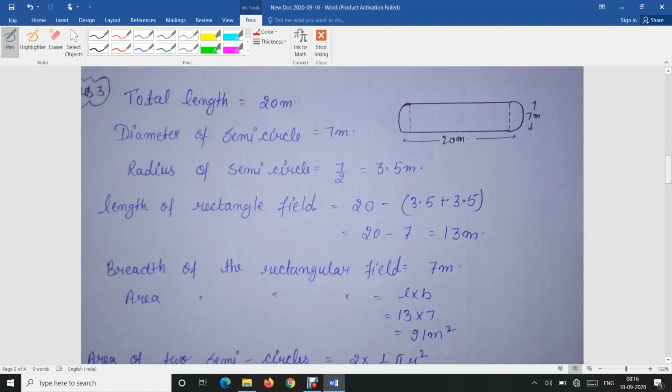Here we are given the total length is 20 meter and at the same time we are given the diameter of the semicircle. See, these two are the semicircles. In this figure the semicircle is given and this is the diameter of this semicircle.